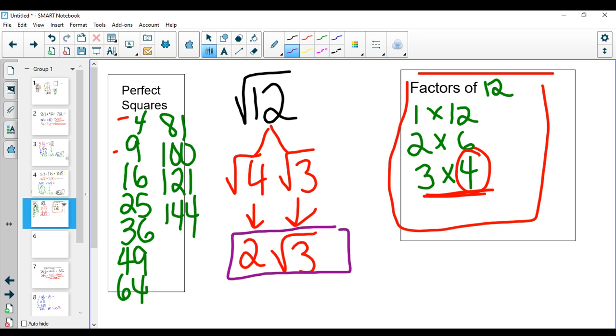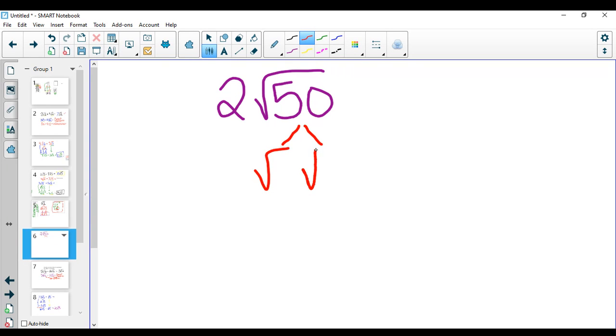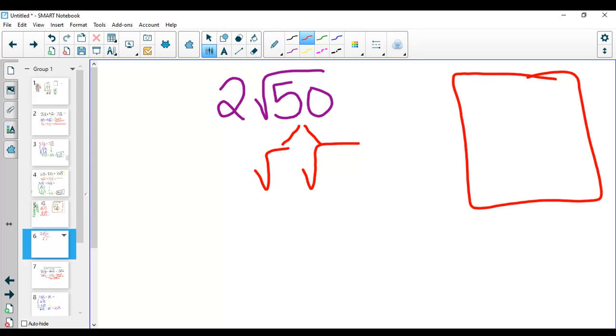For the next model problem, I put a number in front of the square root. I'm going to show you what to do when there's a number outside of the square root. We're going to do the breaking down, the simplifying of the radical like normal. So we're going to figure out our factors of 50. What multiplies to 50?